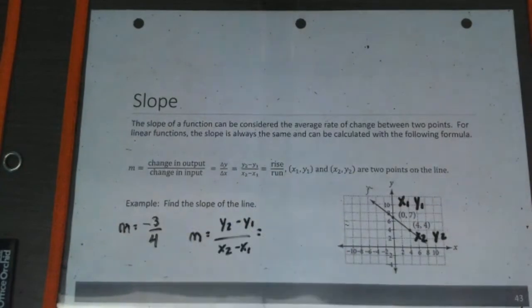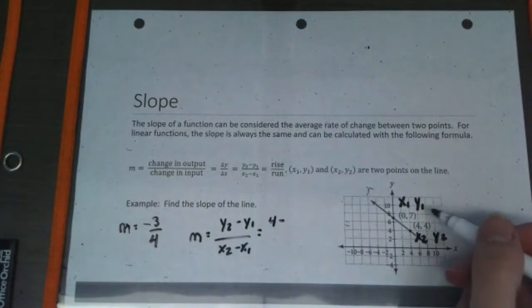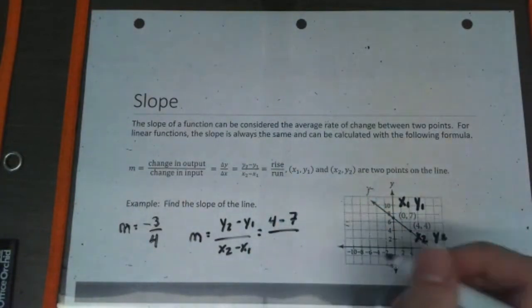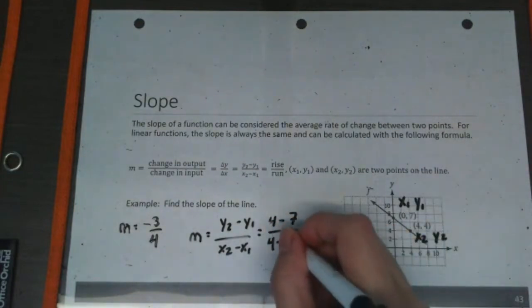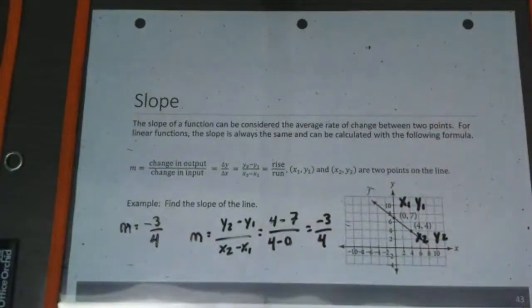If I plug in my values, y2 is 4, minus y1, which is 7, over x2, which is 4, minus x1, which is 0, which gives us -3/4, the same value we had thinking of it as rise over run.